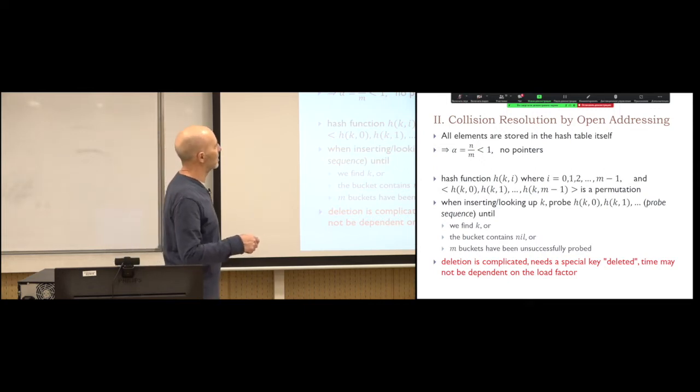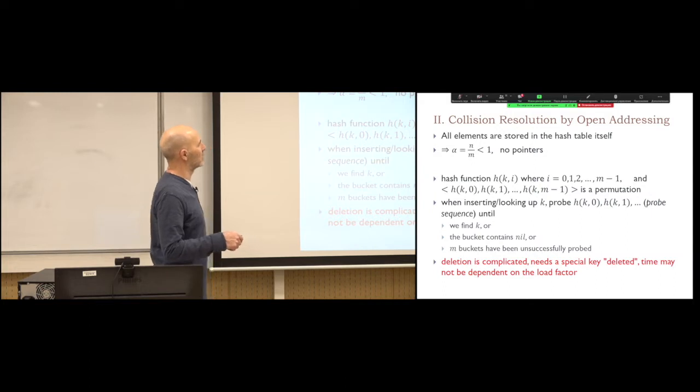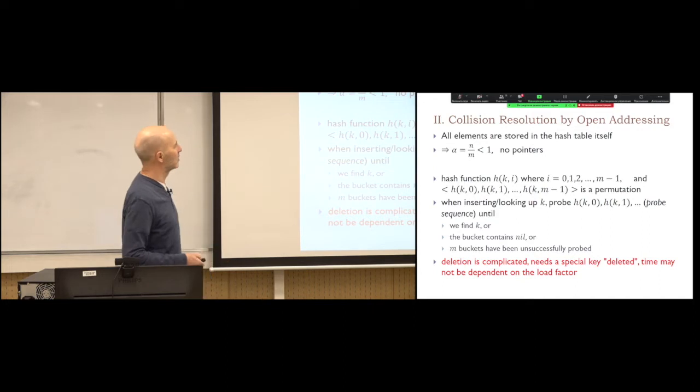So we should define a sequence of so-called probes. When we insert a key k, we first go to bucket h(k,0). If it's occupied, we go to bucket h(k,1), h(k,2), etc., until we find an empty bucket. So we have this sequence of probes.